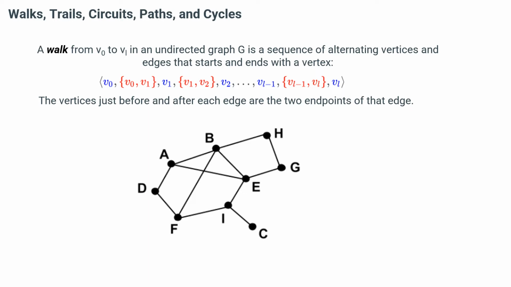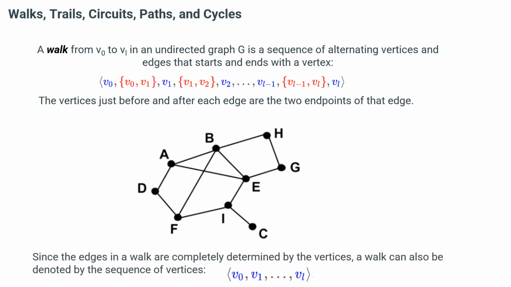This says the vertices just before and after each edge are the two endpoints of that edge. So we're not going to try to walk from A to B on that edge and then end up somewhere else. We're always just going to walk from one vertex to the other side of that edge. That is one way that we could denote a walk.